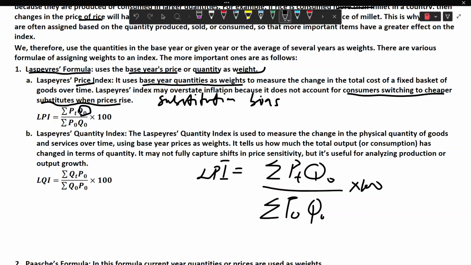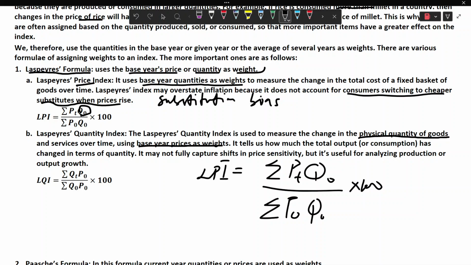Now let's take the Laspeyres quantity index. The Laspeyres quantity index is used to measure the change in the physical quantity of goods and services over time, using base year prices as weight. So whereas the price index uses the base year quantities as weight, here it uses the base year prices as weight. It tells us how much of the total output or consumption has changed in terms of quantity.